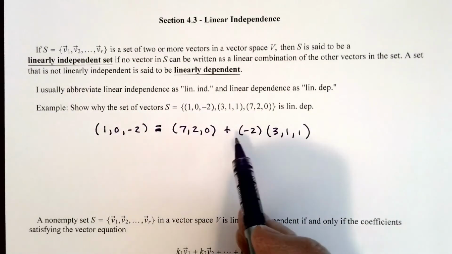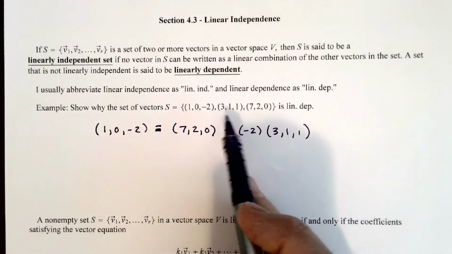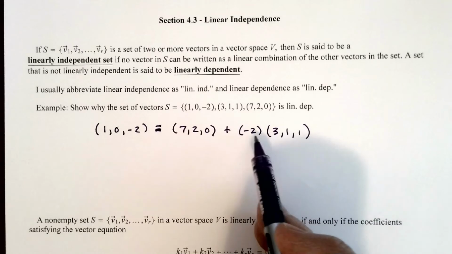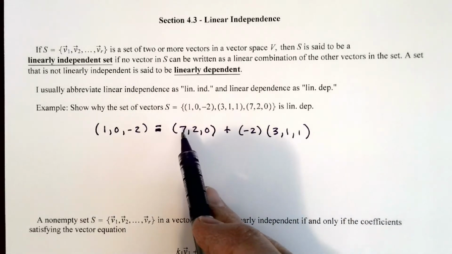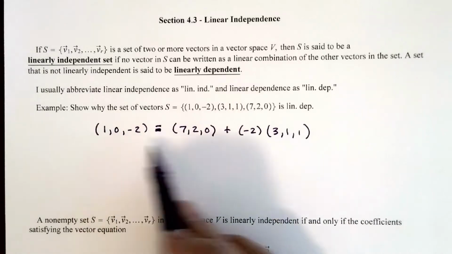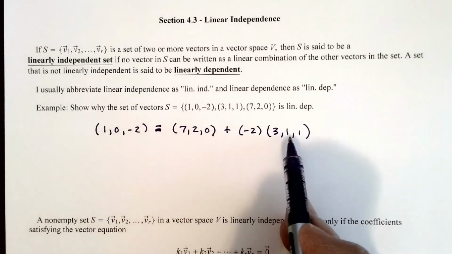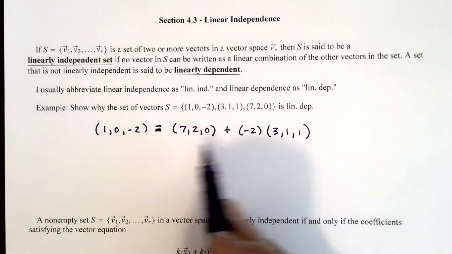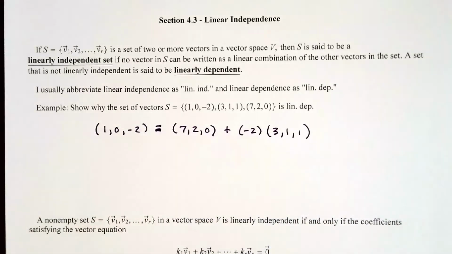If I scalar multiply the vector 3, 1, 1, which is the second vector in the set, by negative 2, I get negative 6, negative 2, negative 2. And then I add 7 plus a negative 6. What's that? 1. 2 plus a negative 2, 0. 0 plus a negative 2, negative 2. So hopefully you can indeed agree that this is a true statement.